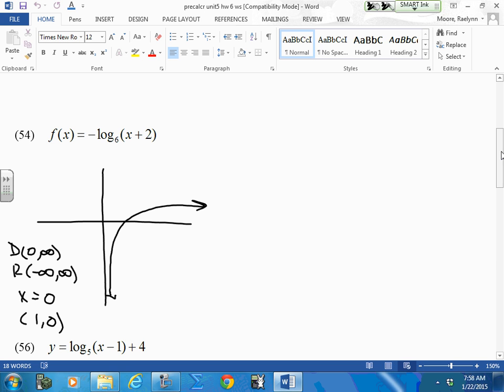Horizontal shift left 2. And I need you to use horizontal shift left 2 units. So we're going to take this, and from (1, 0), it's going to move over 2. So I'm going to be at the (-1, 0).